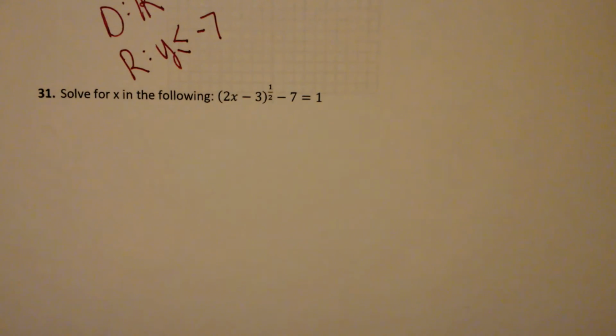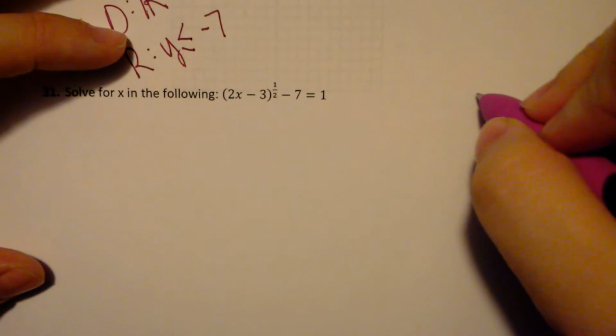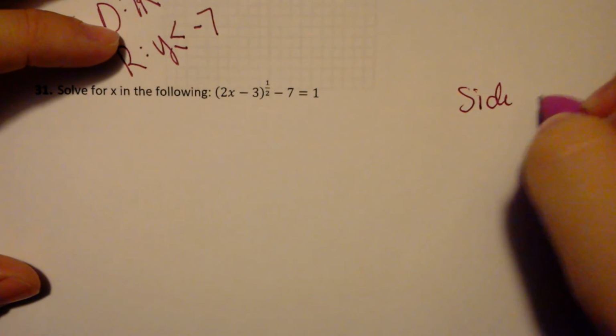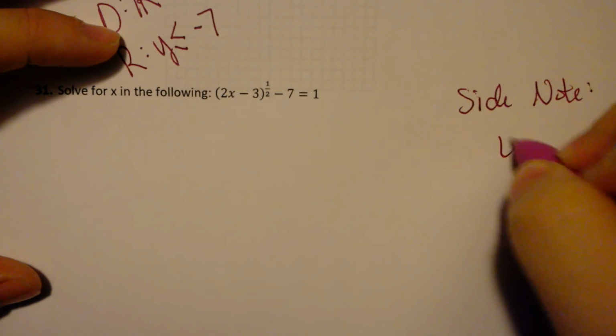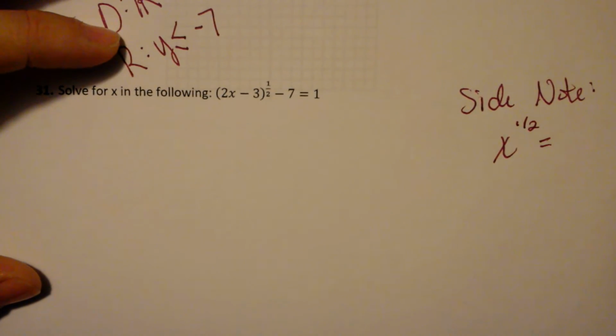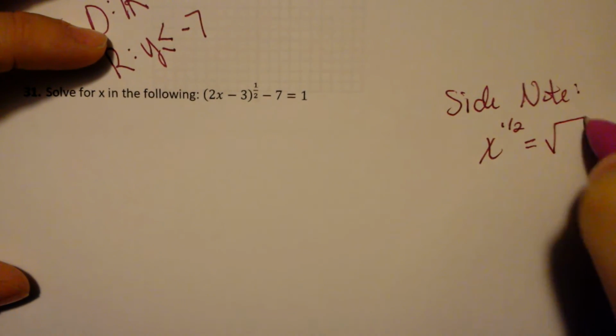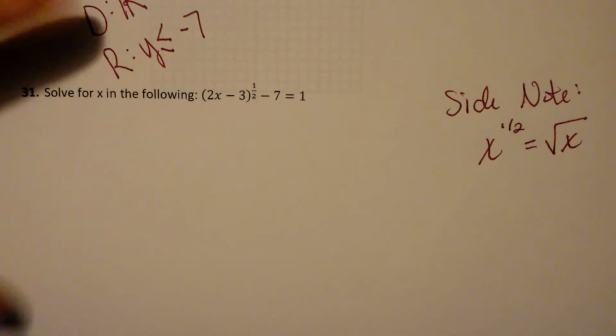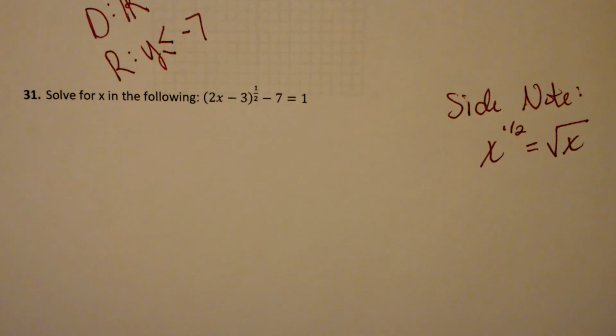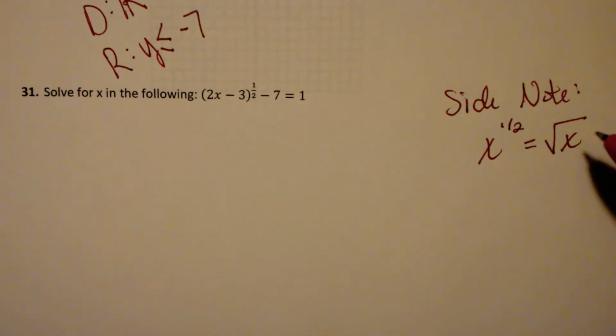So 31, solve for x in the following. Little side note. X to the 1/2 is the same thing as the square root of x. So if you're more comfortable seeing the square root symbol versus the 1/2 as an exponent, rewrite it.